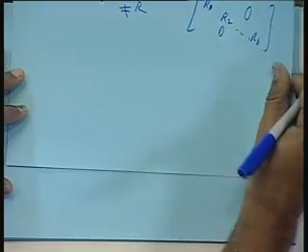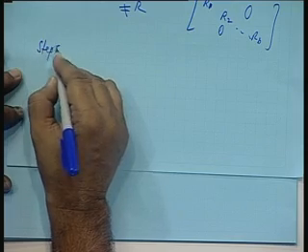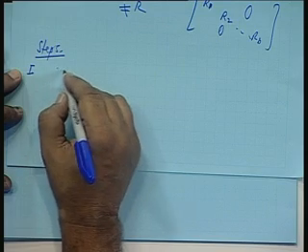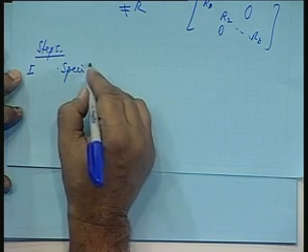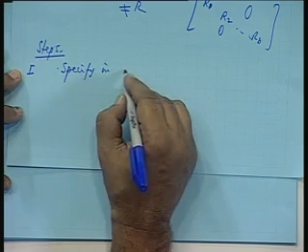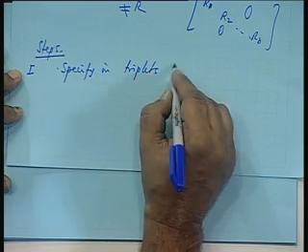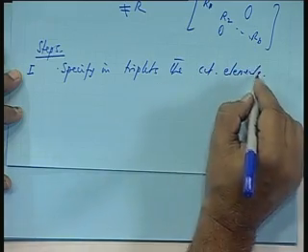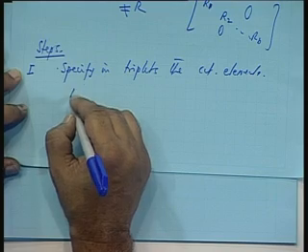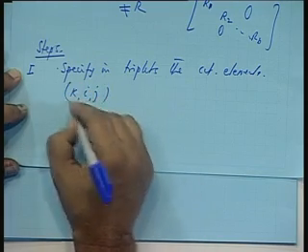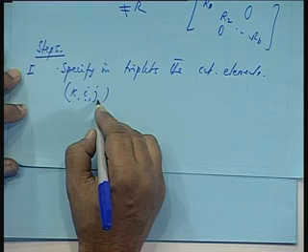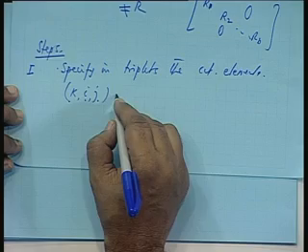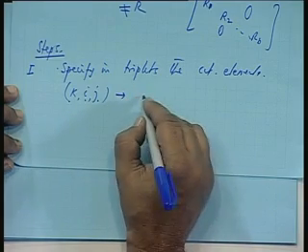So, the steps are very simple. Specify the circuit elements in triplets, that is K, I, J. This is the element number, starting node and finishing node, and each element will also be specified by type and value.